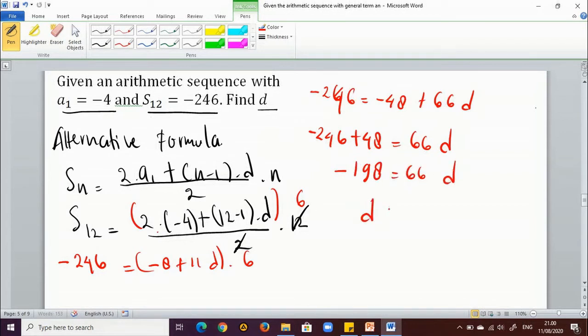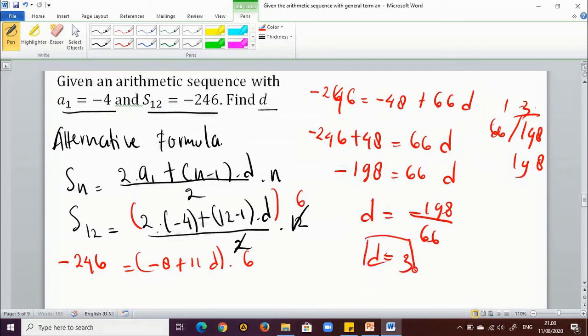So d is minus 198 over 66, which is equal, I think, 3. Yes, this one is the difference, the difference is 3. So we get the difference is 3, everyone.